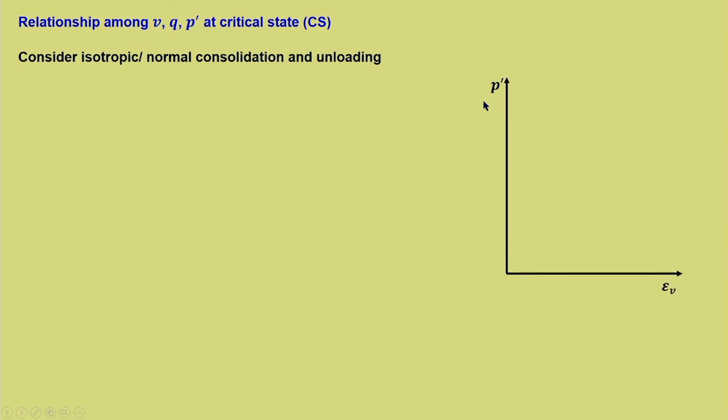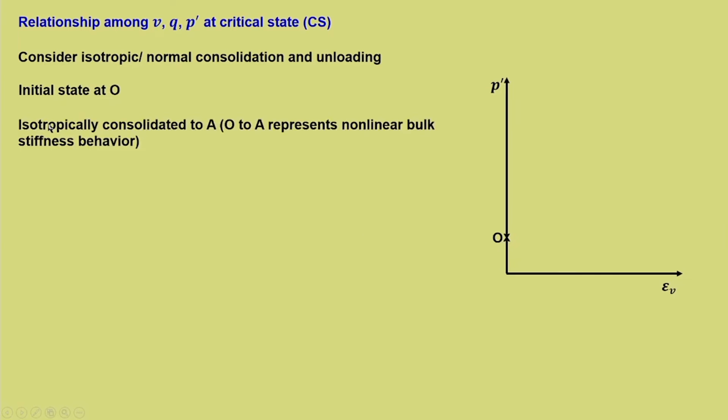So, that is represented by p dash and epsilon v. So, initial state at O. Let us consider at O, isotropically consolidated to A, or O to A represents non-linear bulk stiffness behavior. So, OA is the isotropic consolidation.